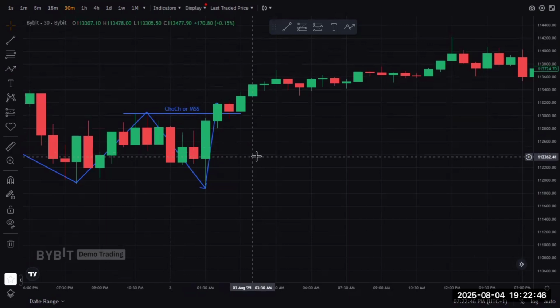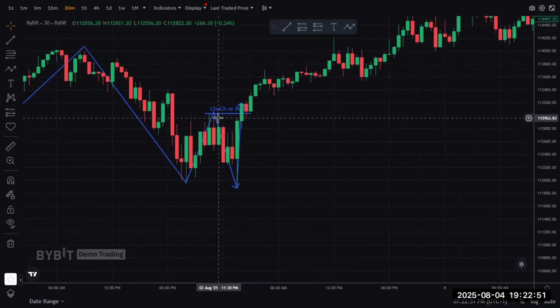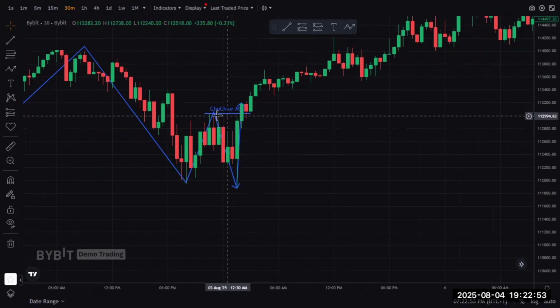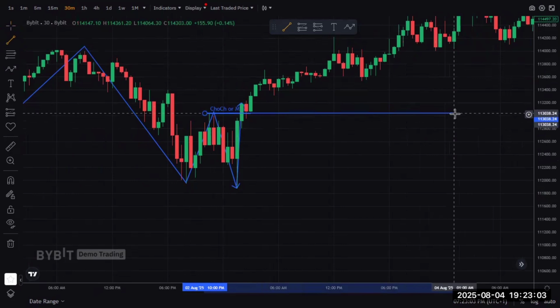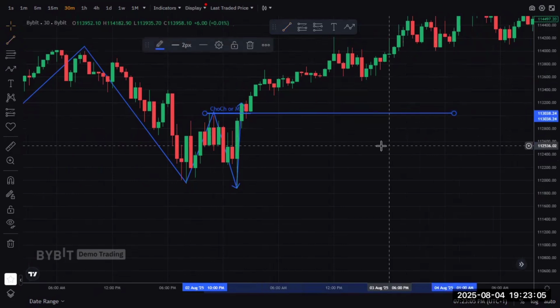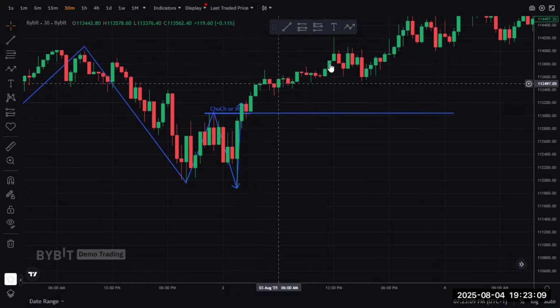Okay, so I am showing you, when you see this thing occurs, that is where we are interested in. This particular level is very important in trading. Some people refer to this as a neckline. So it's like a neckline that was broken and price is going.